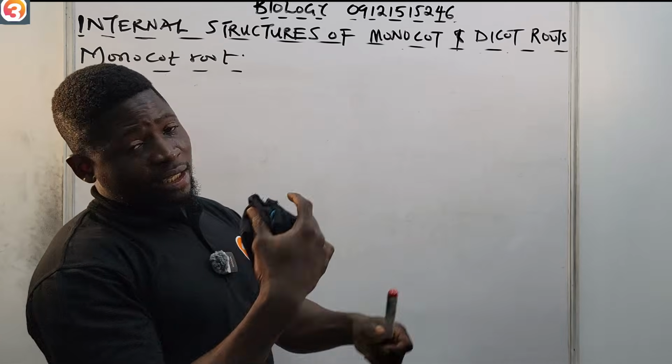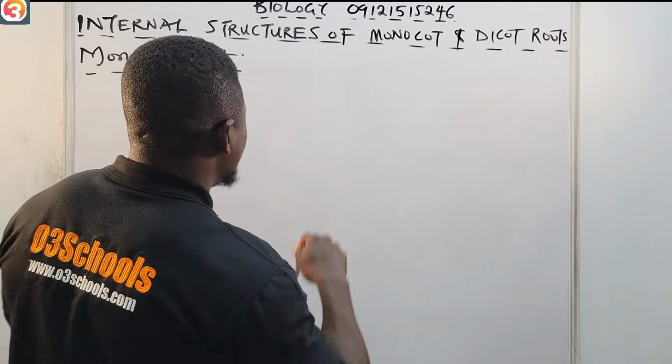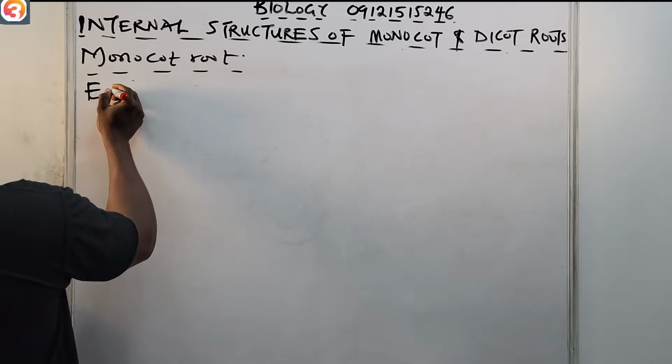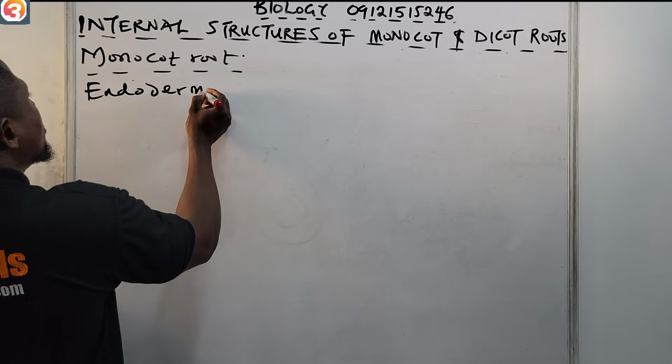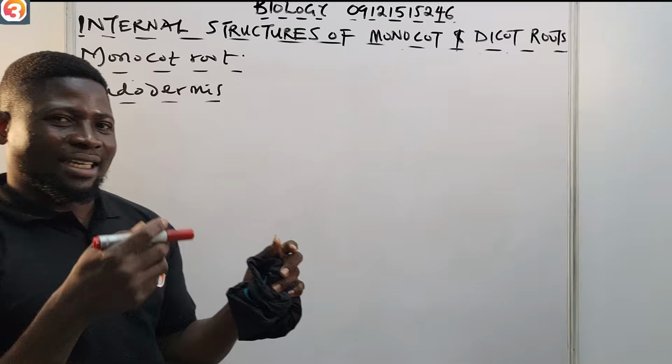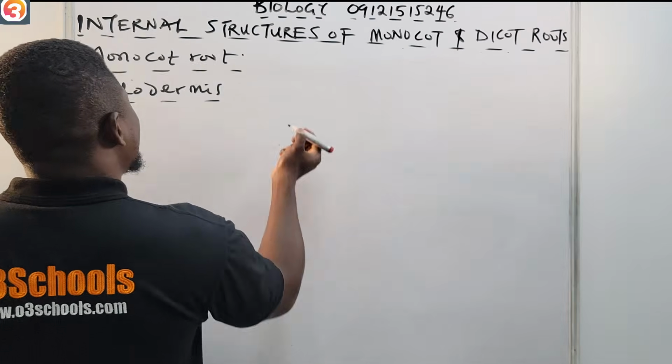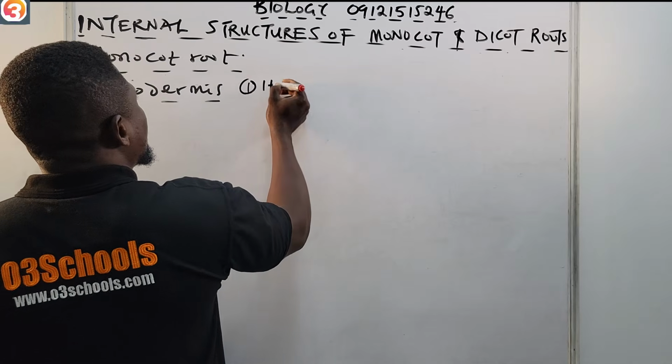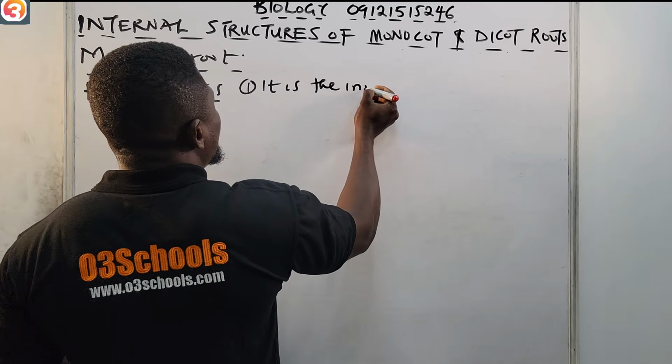So immediately after the cortex, what do we get to? We get to the endodermis. Now for the endodermis, number one, it is the innermost layer of the cortex.